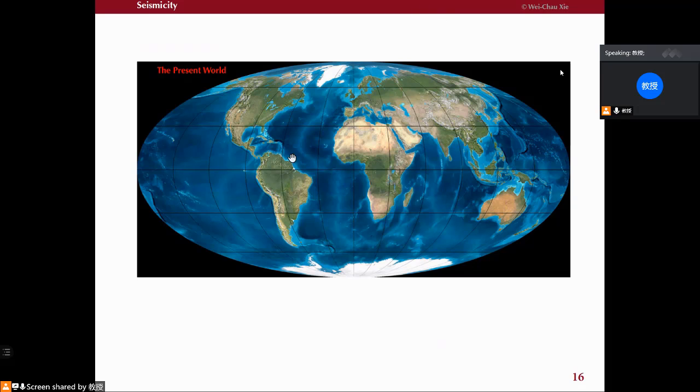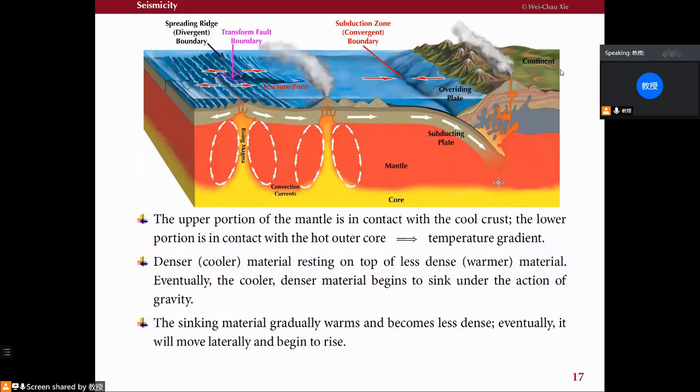All these continents came from a supercontinent, Pangaea.